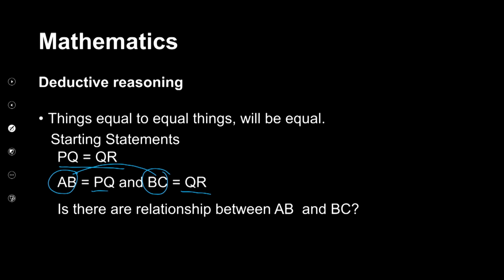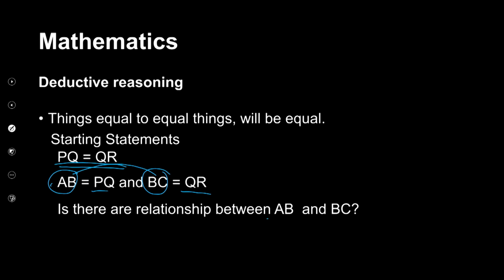So is there any relationship between AB and BC? That's what you need to think about. And because I knew that PQ was equal to QR, now I'm being told that this AB is equal to PQ, and this BC that I now have is equal to the QR that I originally knew.